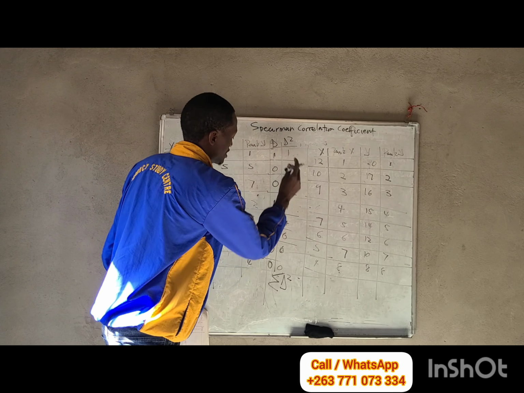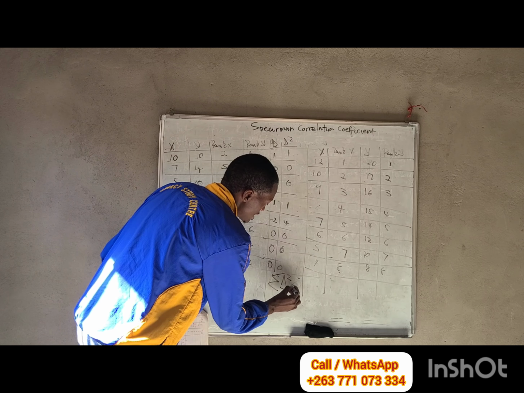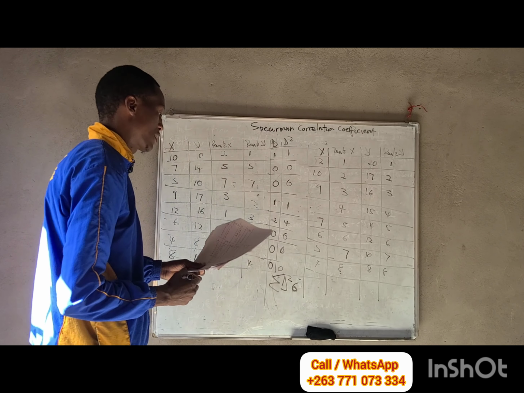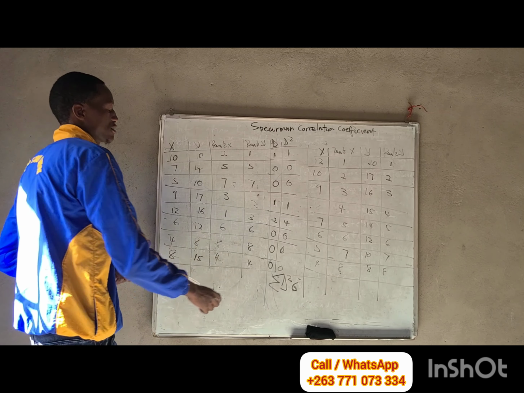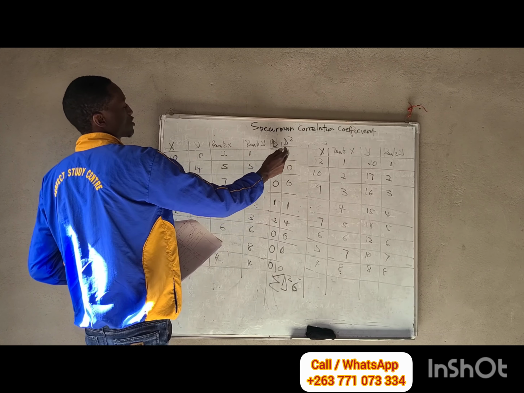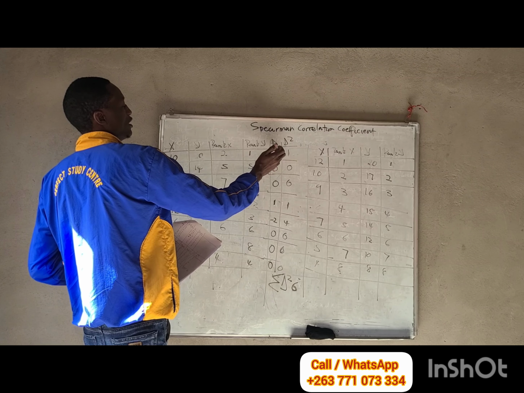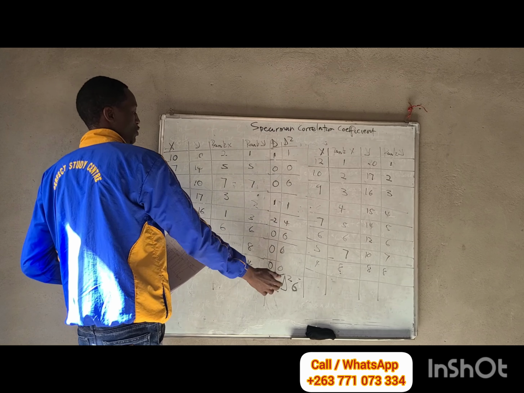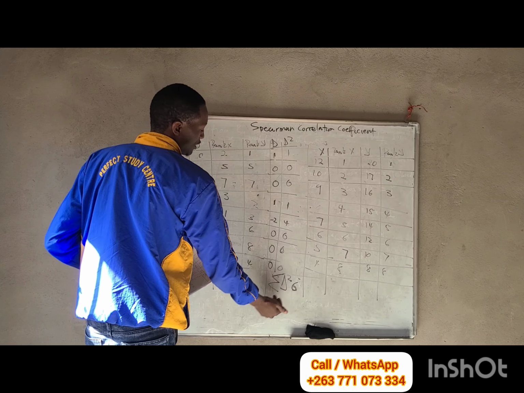Summation of the values here is 6. So our summation of d squared value is 6.